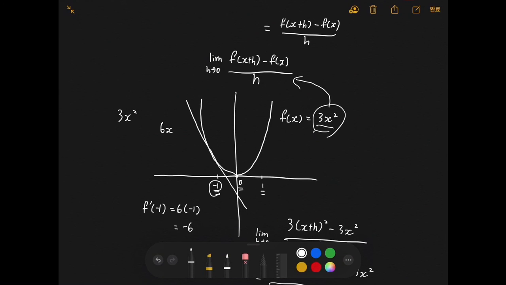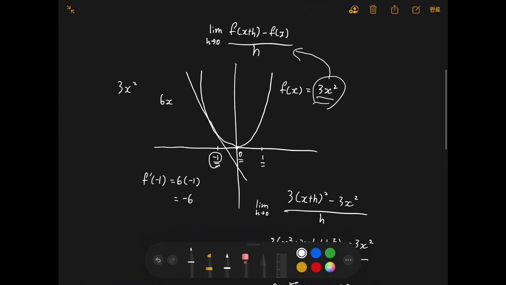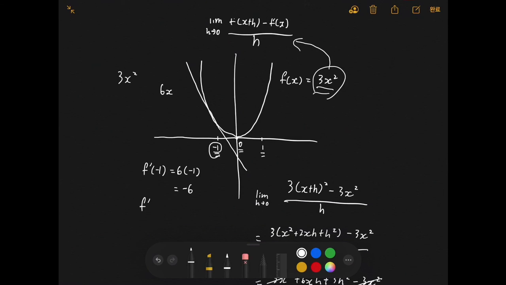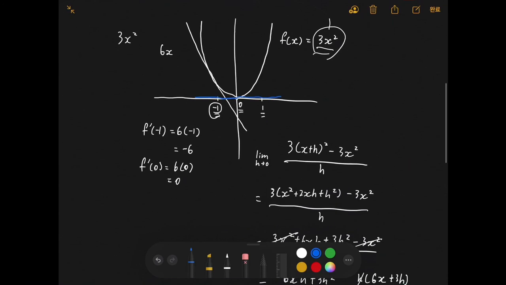And here at 0, I'll write f prime of 0, 6 times 0, which is 0. I'll use another color. So here, the slope is 0, and f prime of 1 is 6 times 1, which is 6.